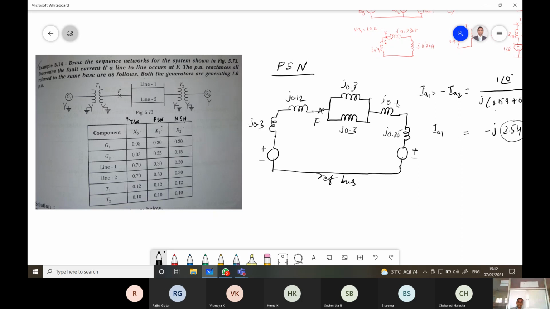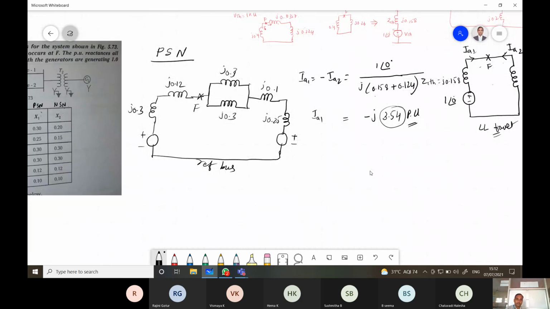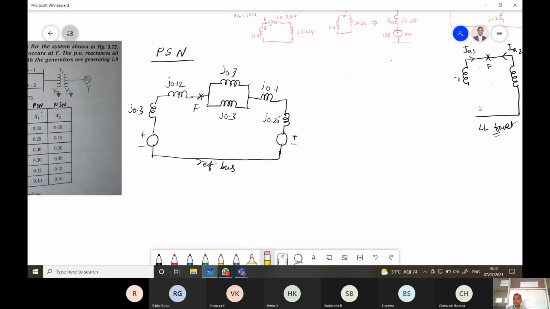Okay, so this is the positive sequence network. So simplify this network.